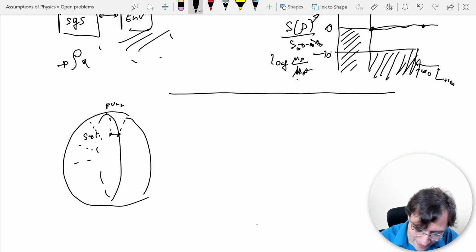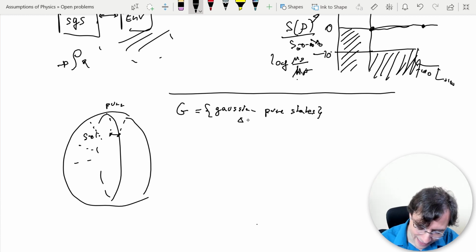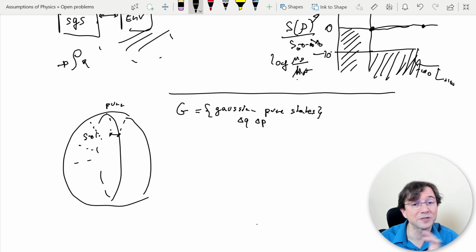We can call it G, the space of all the Gaussian pure states. So you essentially pick a delta Q and a delta P for your pure states, and then you have all these pure states that are Gaussian states at each possible value of position and momentum.